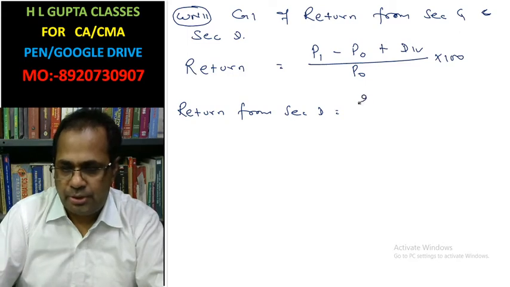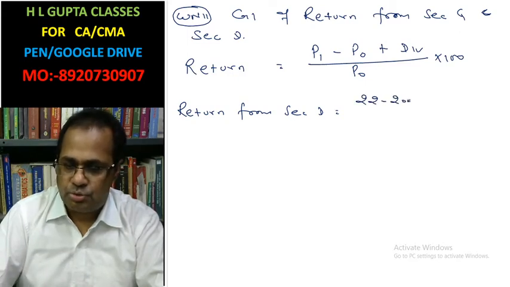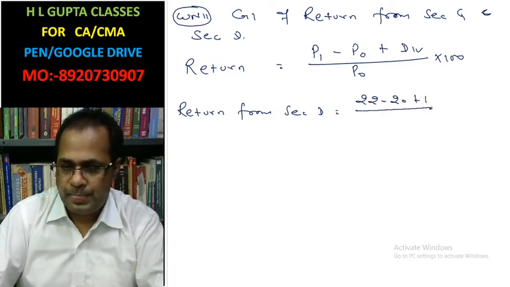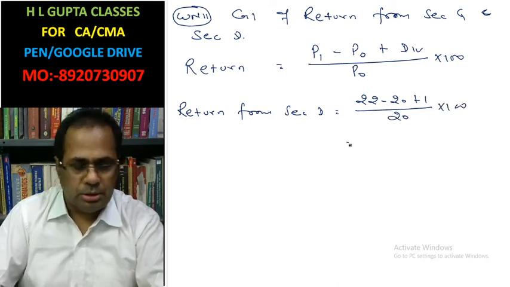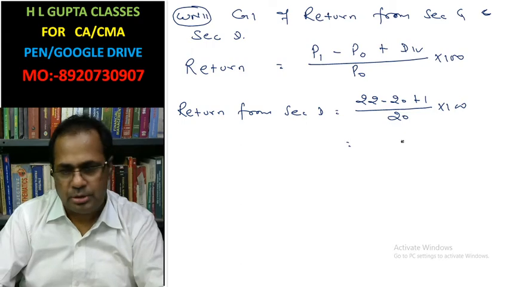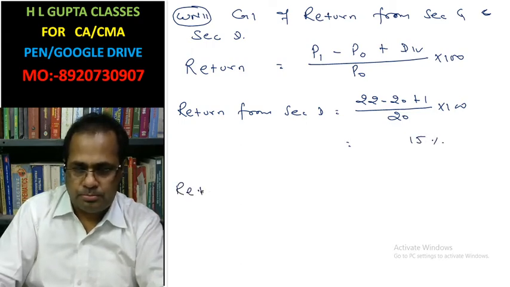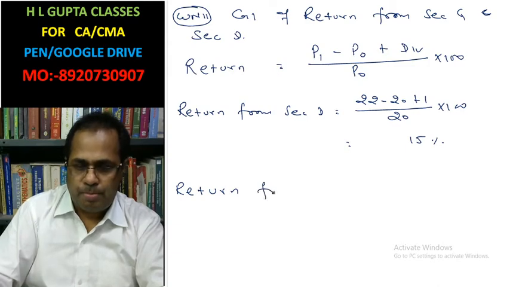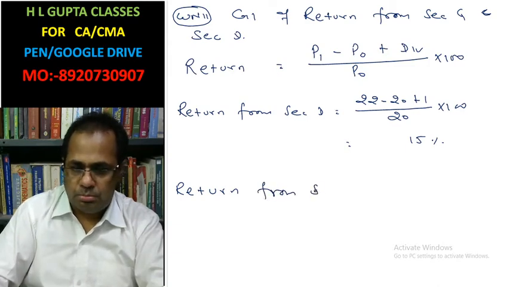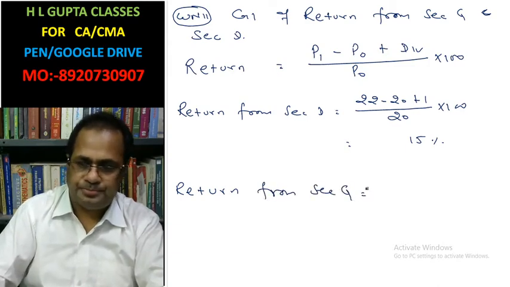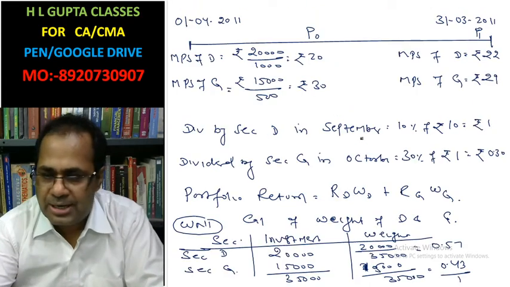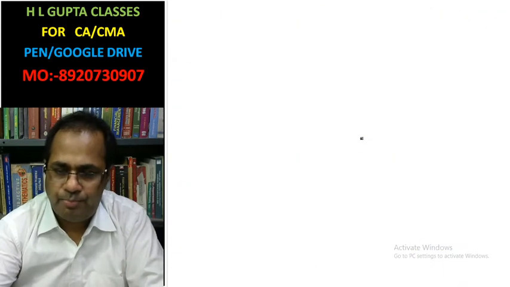So it is 22 minus 20 plus 1, divided by 20, into 100. What is the return? This is 15%. Now the return from security G. What is the market price? 29, and 30.